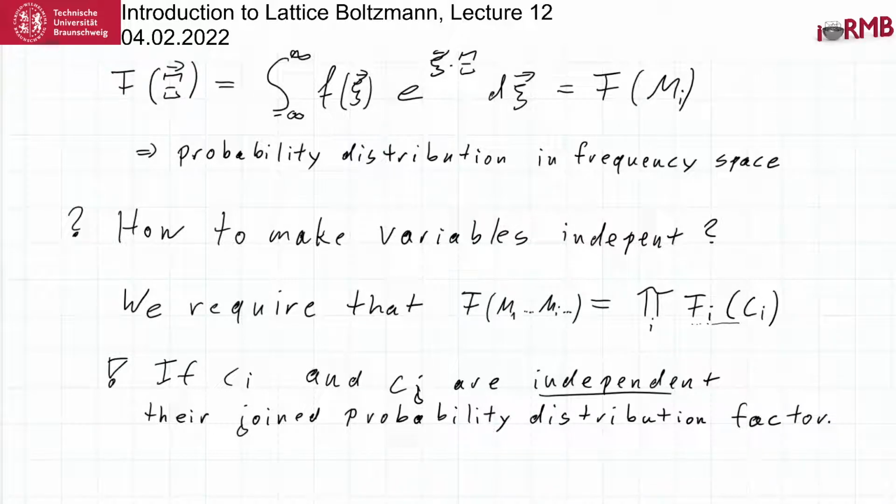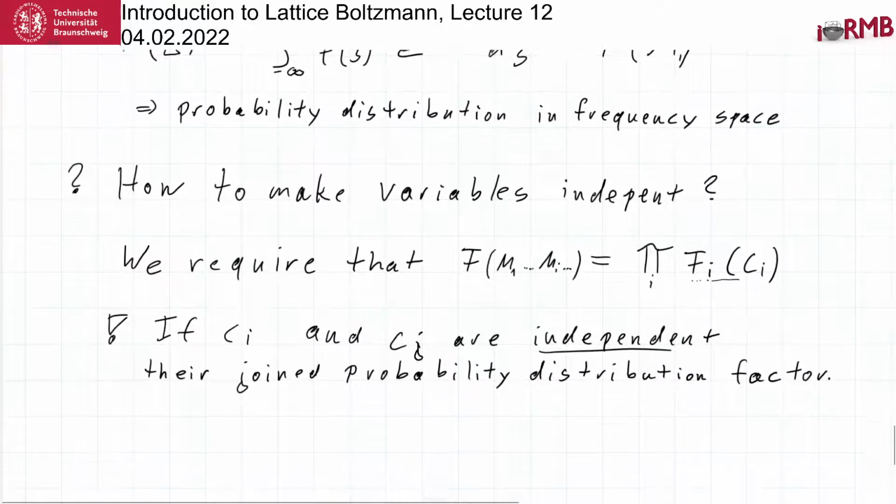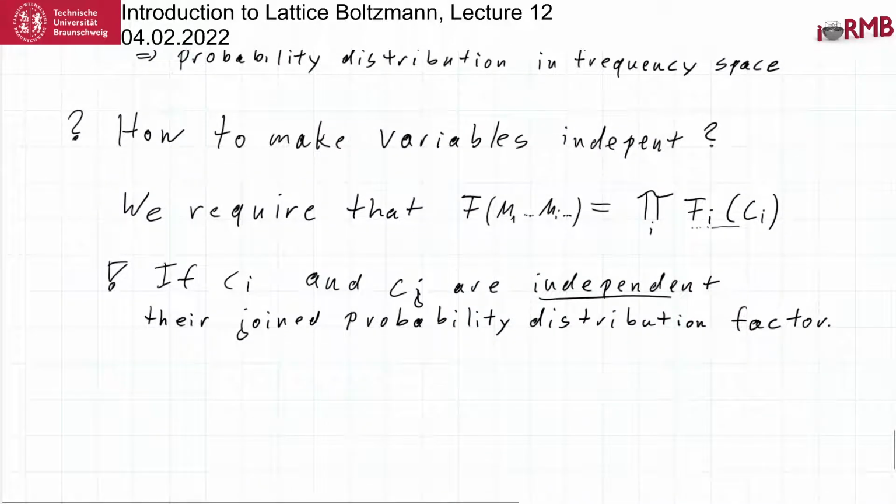Okay, I have to admit that this definition of independence of moments or cumulants or any quantities is always a little bit fuzzy, yeah, and I'm still looking for a very good explanation about this.